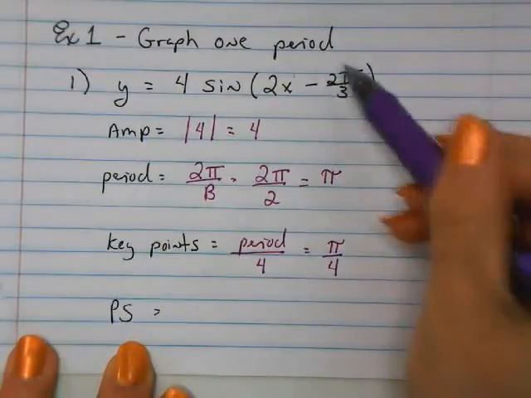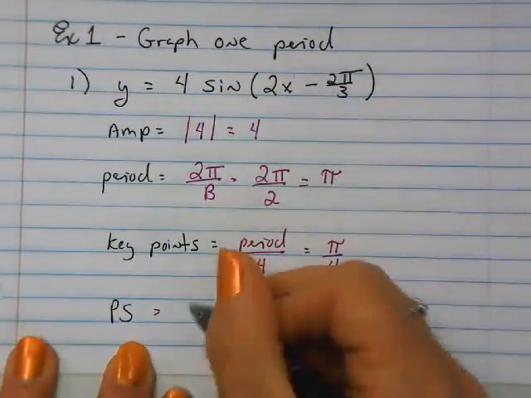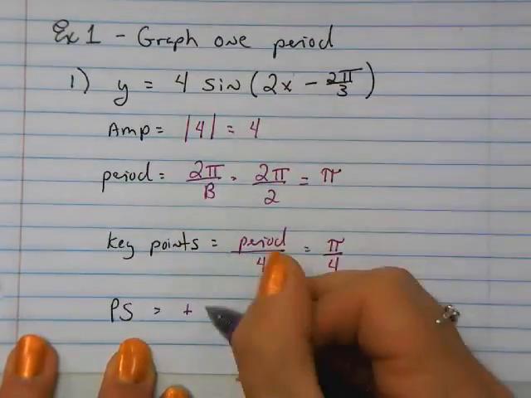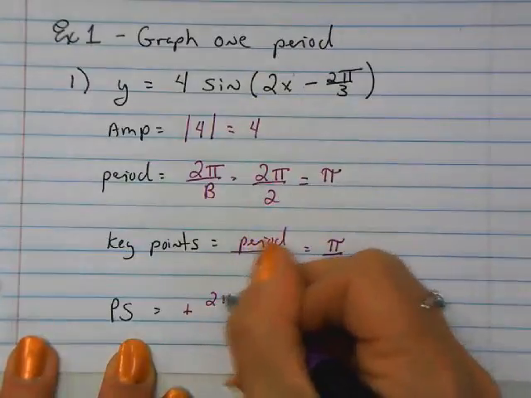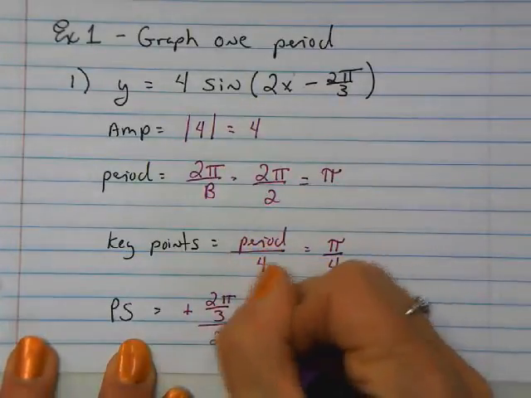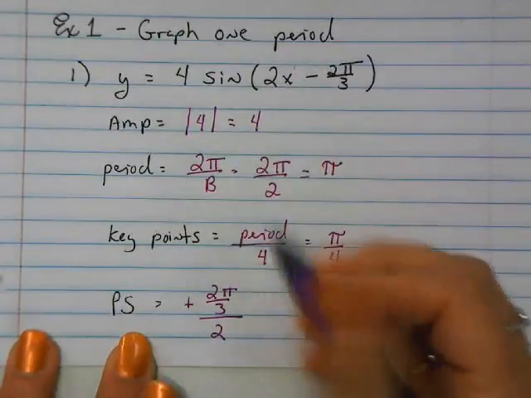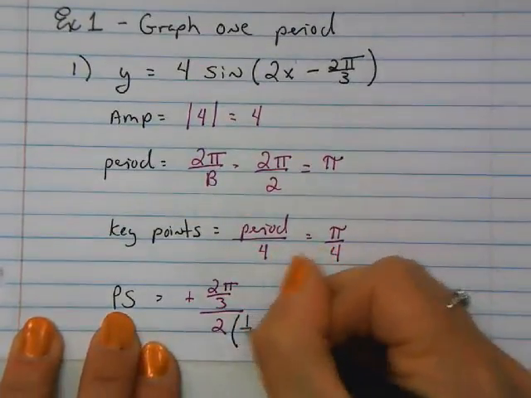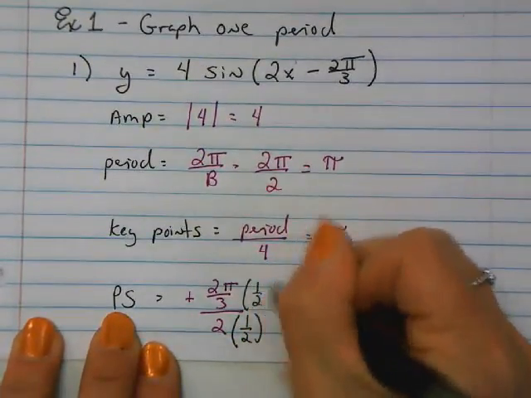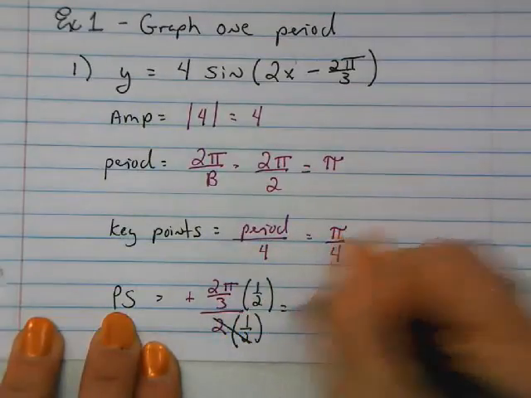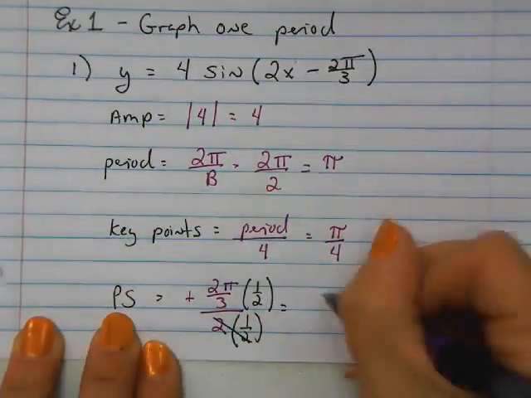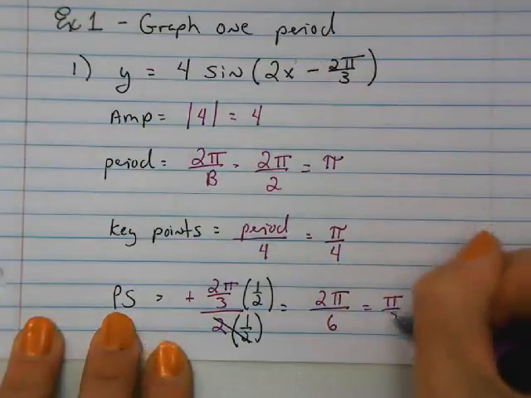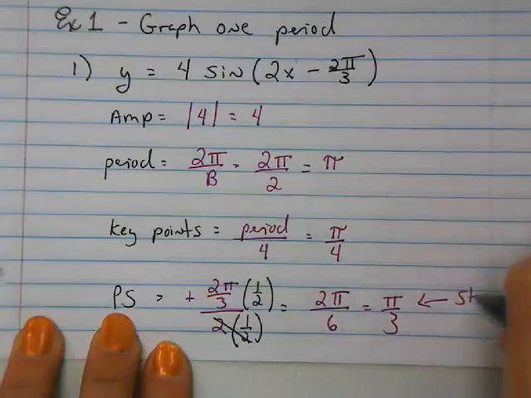Now my phase shift, this is negative, so I'm going to make it positive. You don't obviously need to write the positive. And I take C over B. So I'm going to do 2 pi over 3 over 2. So I have a compound fraction. If you remember, to get rid of a compound fraction, I'm going to multiply by its reciprocal, both top and bottom. So this clears its way out, and I get 2 pi over 6, which is pi over 3. Okay, this is my starting point.